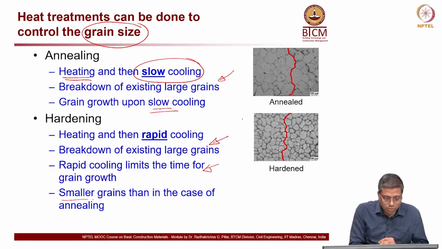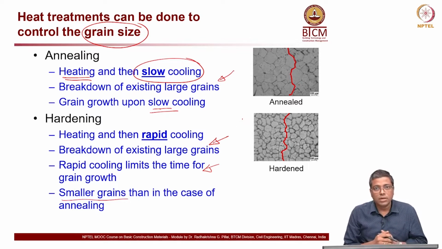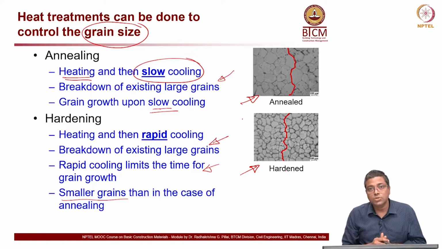Now when you have smaller grains than in the annealing case, you might expect it to behave in a different way. Why? Here you have larger grains finally. Now this hardened one will need probably more energy to deform or crack, etc., because of the length of the grains.